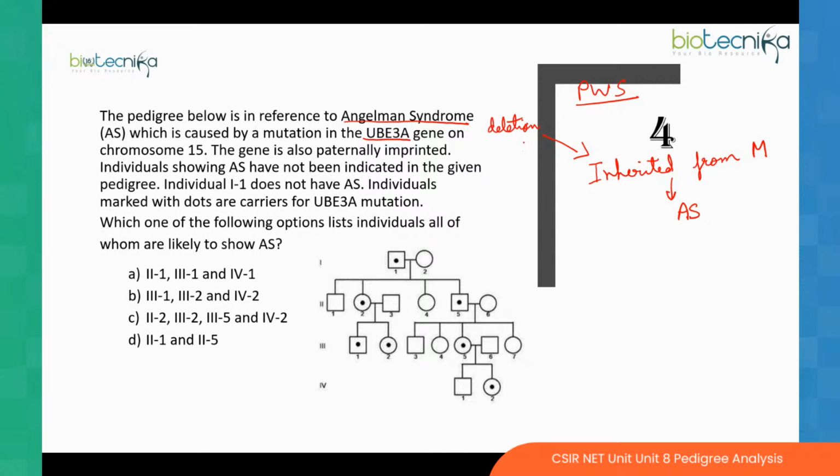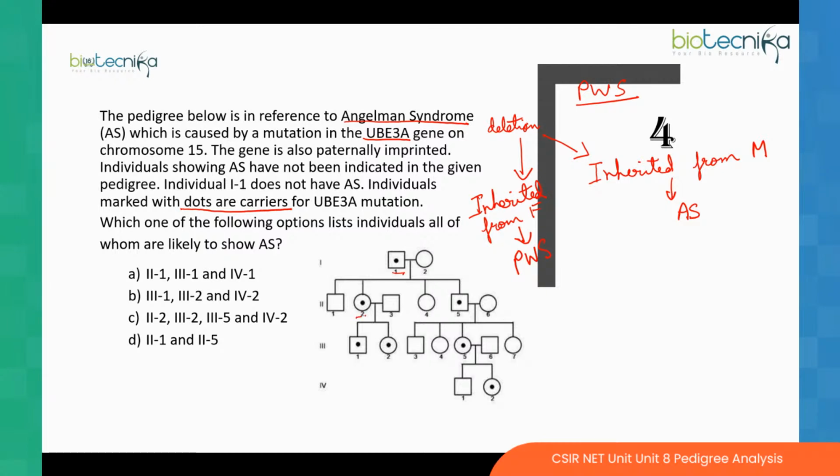But if this deletion is inherited from the father, then it results in Prader-Willi syndrome. Now, what do you see? The chart is easy. You don't have to find out who all has the deletion. It is already mentioned who is having the deletion, so whoever are carriers of the mutation is already mentioned.